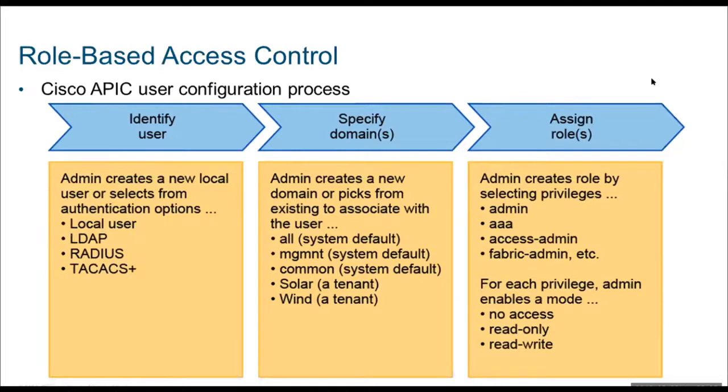So we saw how we would build a user. The user that I showed you was a local user. When you're adding a local user, you would be asked to choose the domain and choose the role.